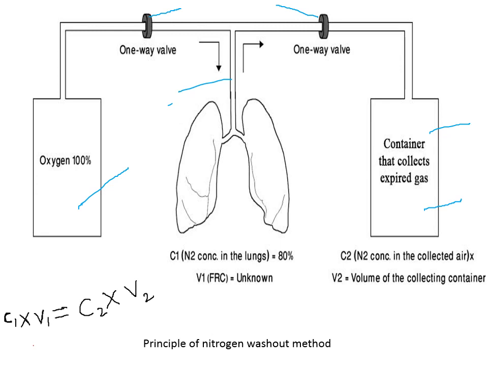And here we have an equation: the product of C1 and V1 is equal to the product of C2 and V2. Here we know C1 and V1 we don't know, and we know C2 which we have calculated after the test, and V2 is known. Then by this equation we can calculate V1, which means FRC.